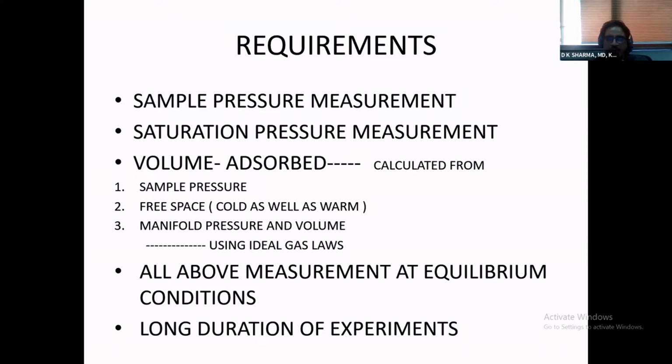Now, an important thing about what I was telling so far is that all these measurements have to be done at equilibrium conditions. An important comment on the side is that adsorption experiments take quite long times. Adsorption is a slow phenomenon governed by diffusion of the gas into the spaces within the particles, within the samples.